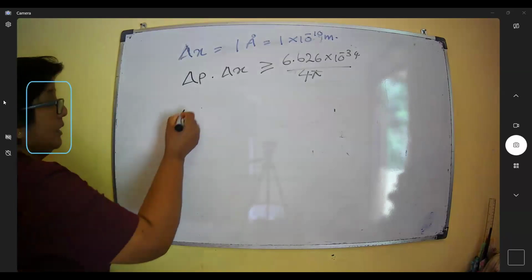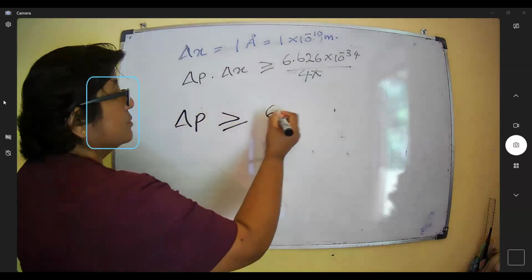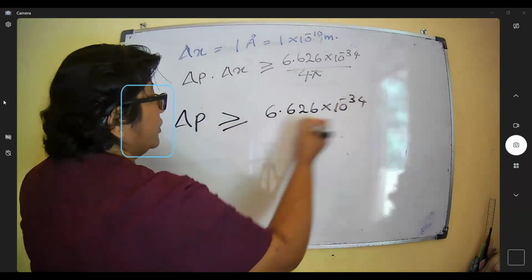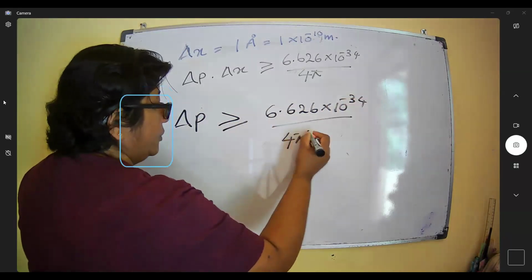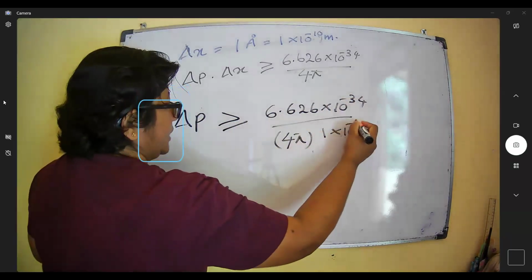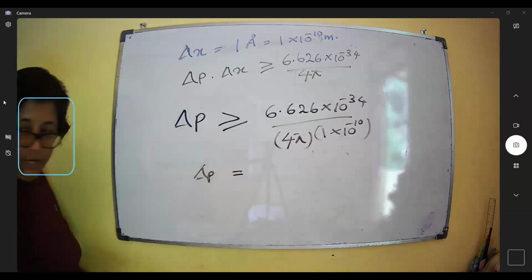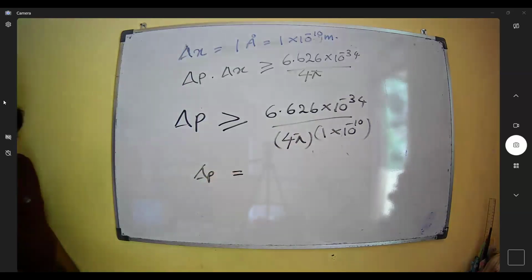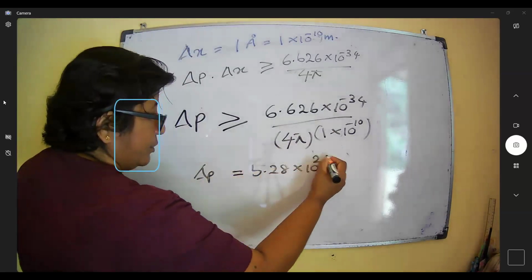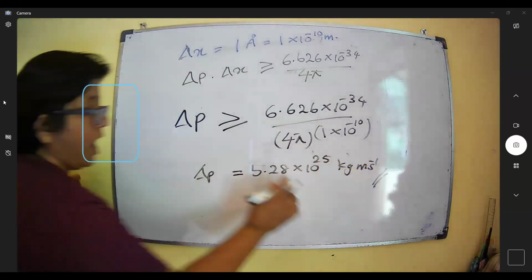Then delta P is greater than or equal to 6.626 into 10 to the minus 34 divided by 4 pi into delta X, which is 1 into 10 to the minus 10. Then delta P at the minimum point we can calculate as 5.28 into 10 to the minus 25 kg m s to the minus 1. This is the answer, right?